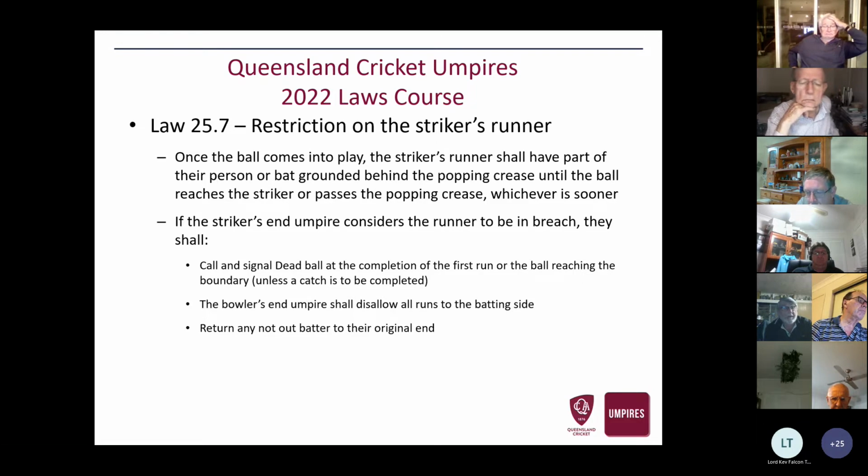We wait till that first run is completed or the ball reaches the boundary. And we call dead ball unless there is a catch that's about to be completed, in which case we allow that play to take place before calling dead ball. We then disallow all runs to the batting side and return batters to their original end.